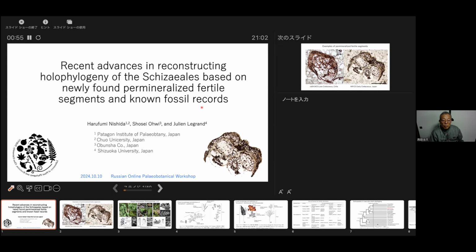And also Julian Legrand from Shizuoka University did pollen grains and the spore works. So this is the summary of our recent advance in this fern group.